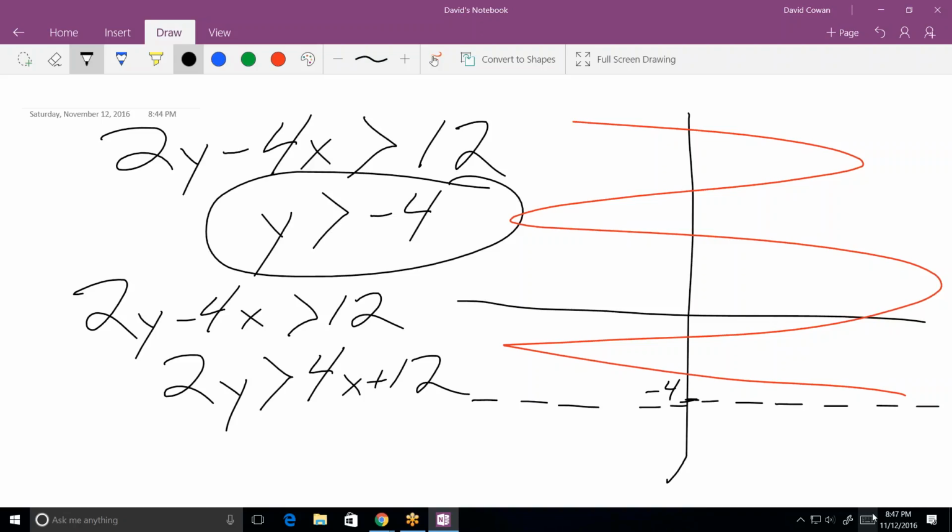This is our standard for any equation. If I can get an inequality in terms of that, then I can graph it. What's the next step here? I've got 2y is greater than 4x plus 12. What's the next step in graphing that?